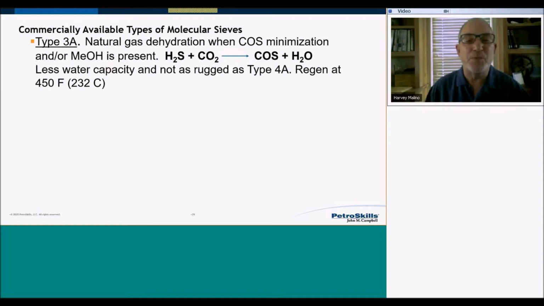Here's the equation for the formation of carbonyl sulfide. If you have H2S in the feed gas together with CO2, over an active surface, it's going to form COS and water. And because the sieves love water, it will remove the water from the reaction and force this whole reaction to the right. 3A does not adsorb H2S or CO2, so it minimizes this carbonyl sulfide.